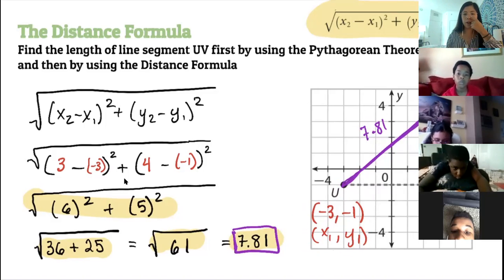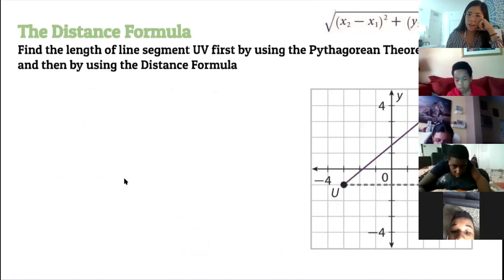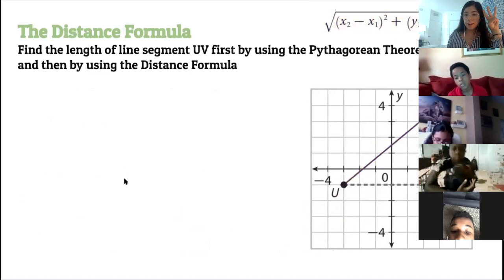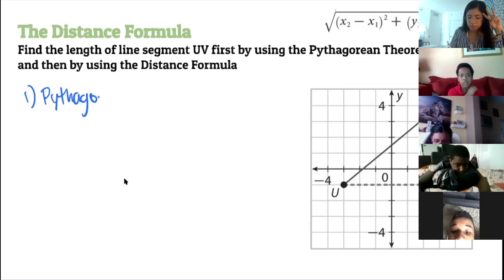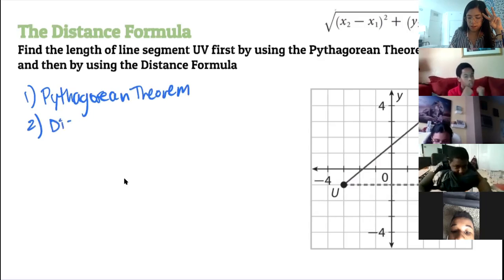Okay. So what I want to do on this one is I want to do all three things using the same exact graph. So those three things are, number one, Pythagorean theorem. Number two, distance formula.